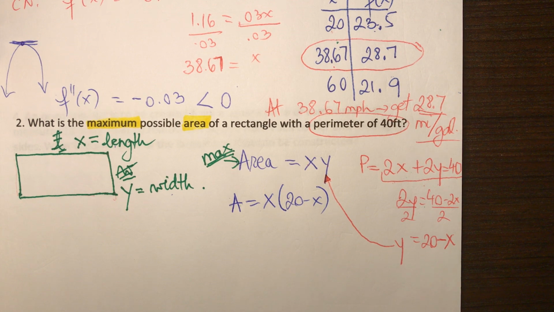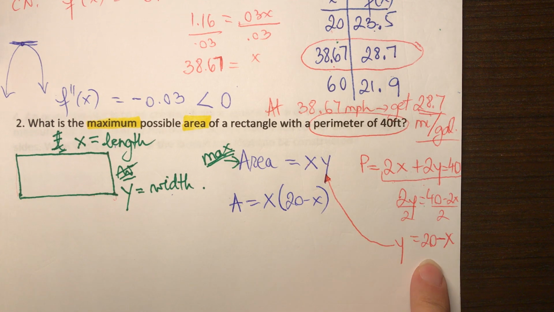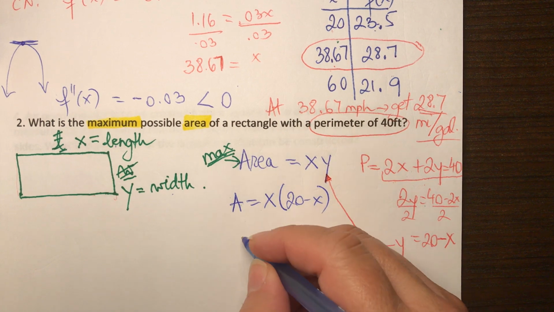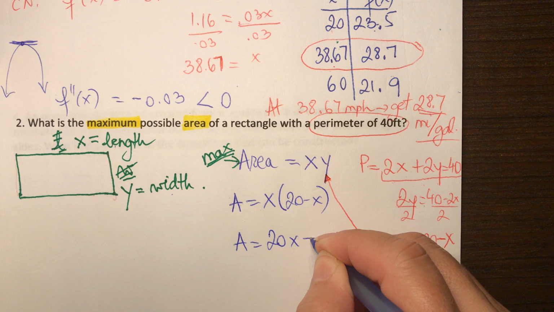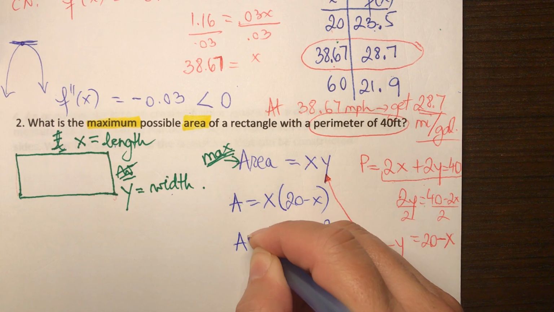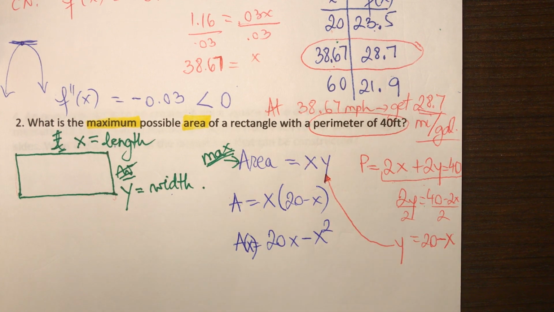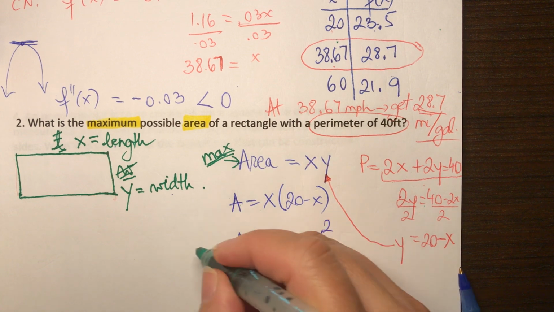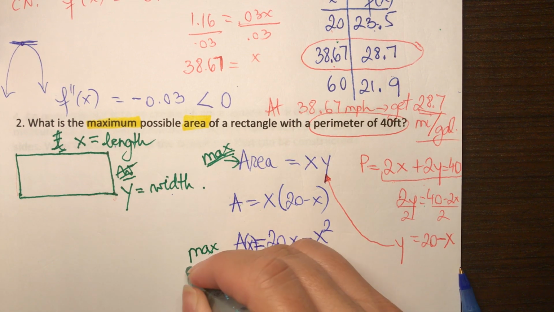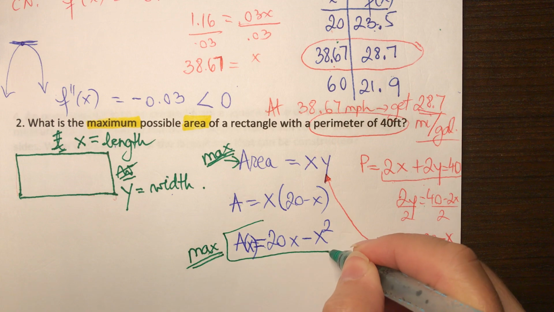Whatever y is, apparently it has to equal 20 minus x. So that makes it a nice thing, because now I have a function that depends on one variable only. So basically we set up our function. What do I want to do with this function? I want to find its maximum.